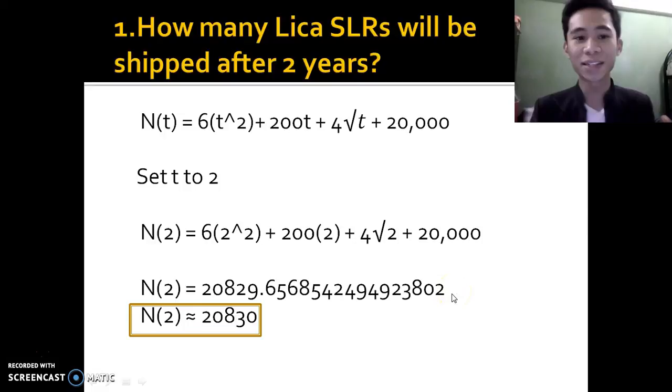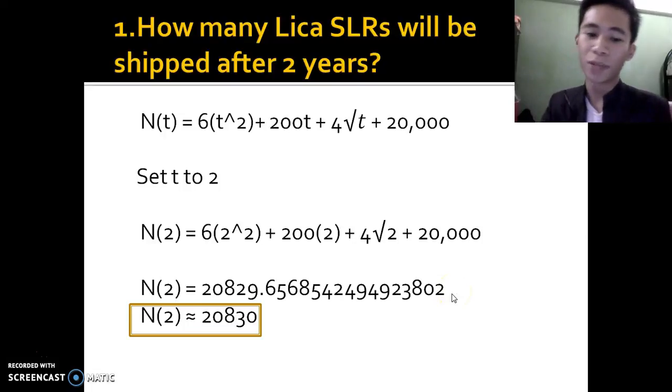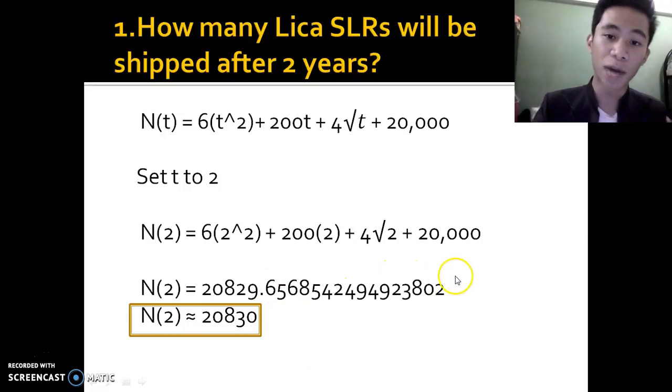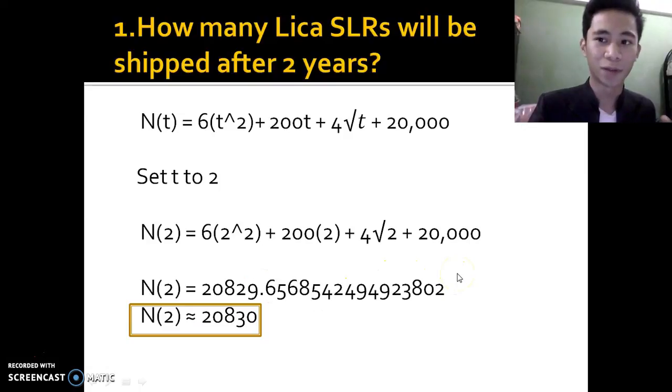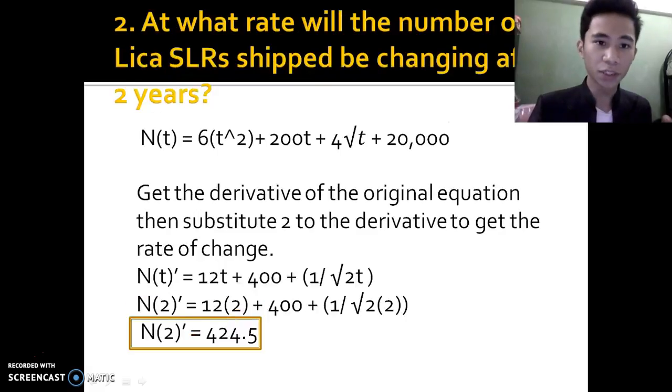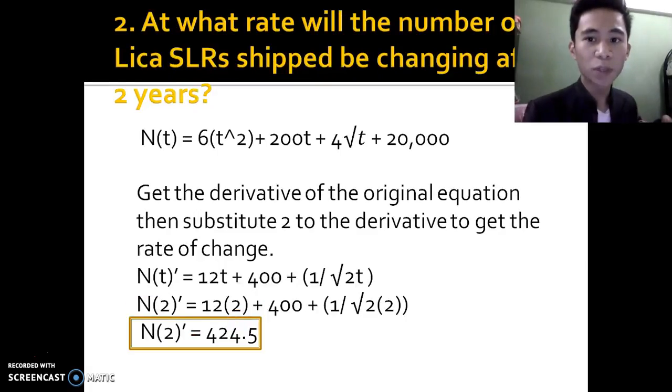We cannot have decimal points in our answer because we cannot have a fraction of a Leica SLR. You can't have a fraction of a camera that will be shipped. So that's why we will round this off. So the answer would be 20,830.